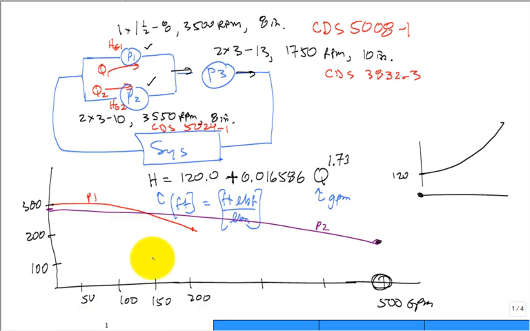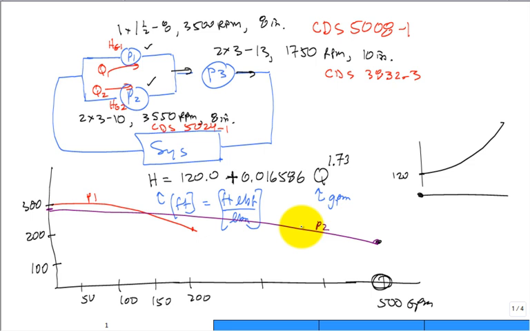So if it's operating at 300 GPM, let me go back to this diagram. Both of these have about the same head. It's just the flow is stretched. If I had to guess, I would say pump 2 is like double pump 1. So I would say the flow through pump 2 is double the flow through pump 1.